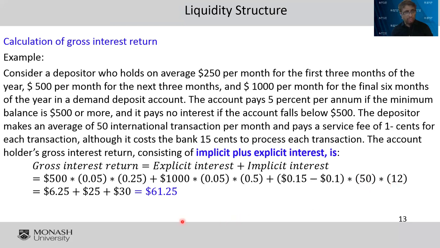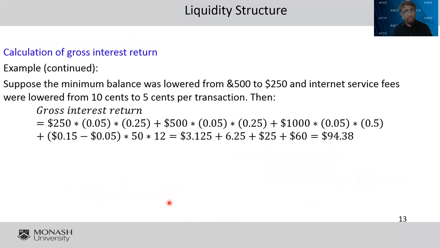So that's actually equals to 30. So if you add everything now, the interest for the first 3 months is free. This is the interest for the second 3 months. This is the interest for the 6 months, and this is the implicit. So this is what they pay, 61.25.